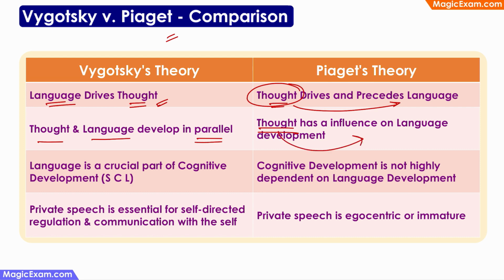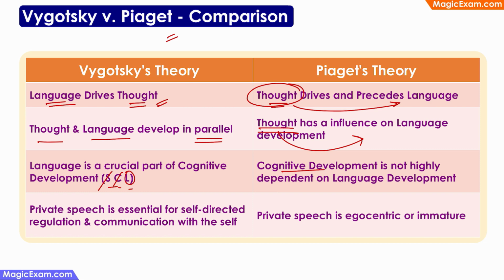In Vygotsky's theory, language is given a lot of importance because it is a very crucial part of his sociocultural theory. Because without language, you cannot have any social interactions and you cannot look at all the cultural factors. Therefore, language is the media through which children or people can have social interactions and can get influenced by cultural factors. Whereas in Piaget's theory, he says that the cognitive development is not highly dependent on language development.